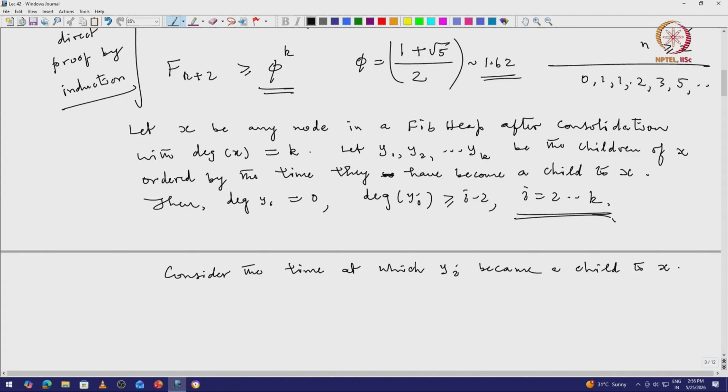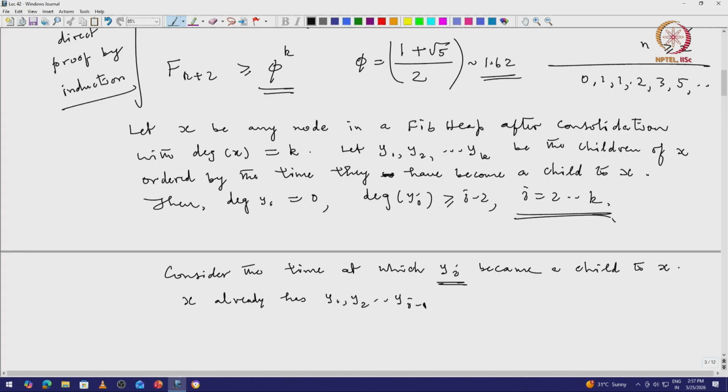But when yi was considered, x already had y1, y2, ..., yi minus 1 as its children.